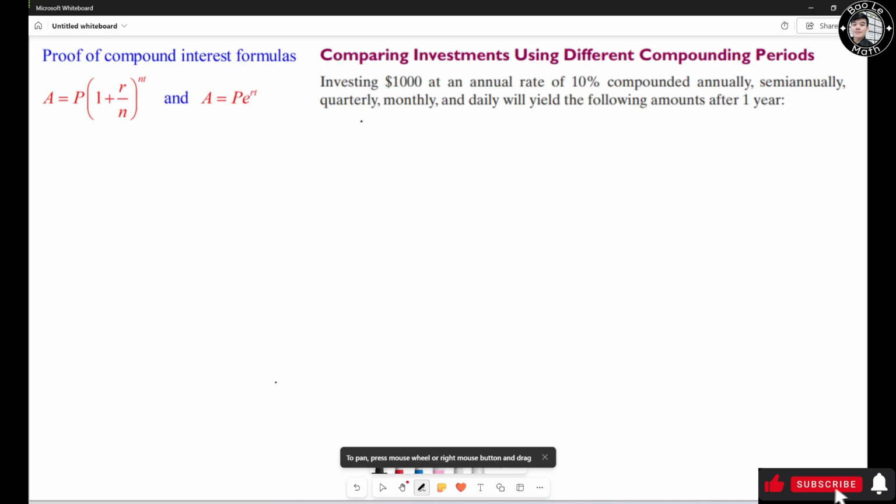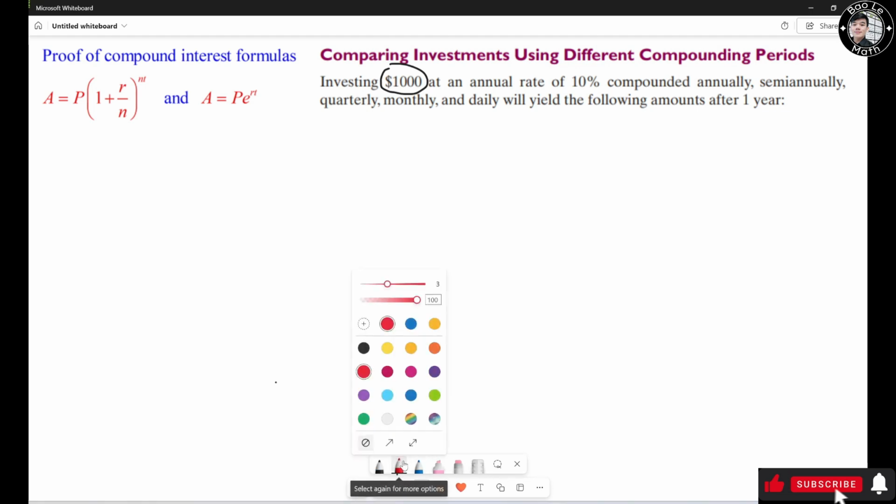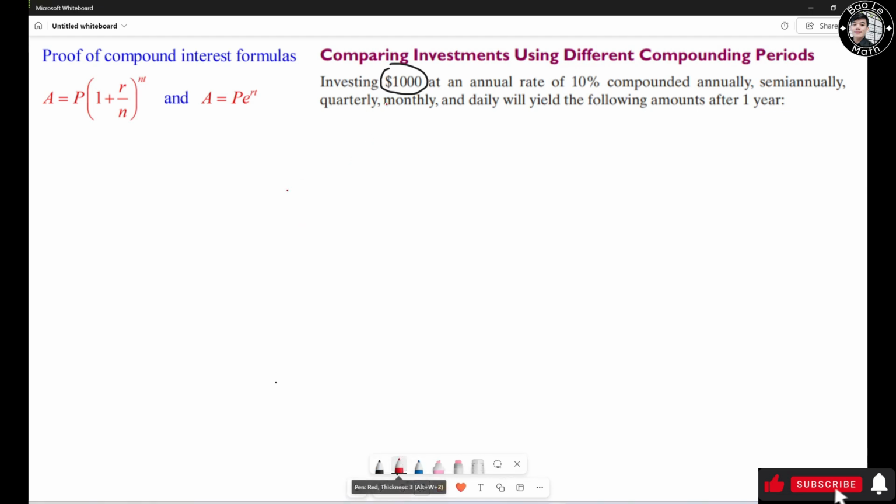Now let's take a look at the first example. We need to invest 1,000 at an annual rate of 10% compounded annually. So this is P, because this is the principal. This is the interest rate, so r equals 10% or 0.1.